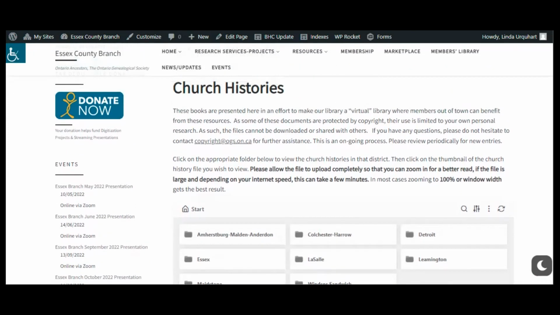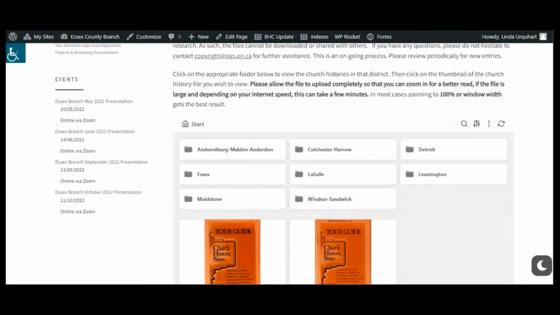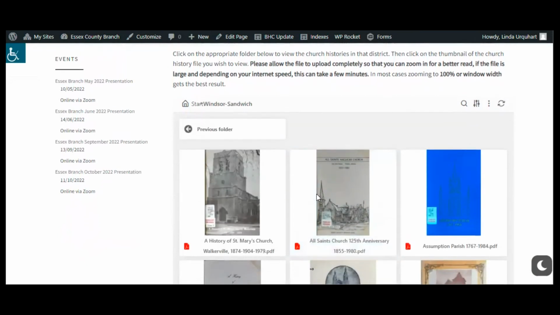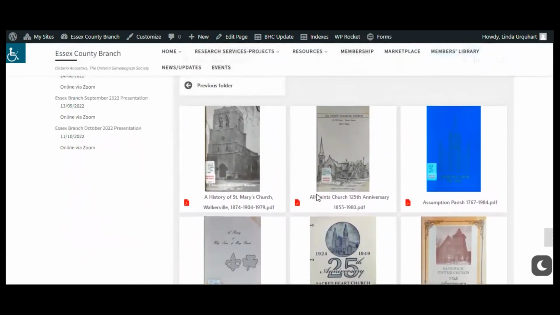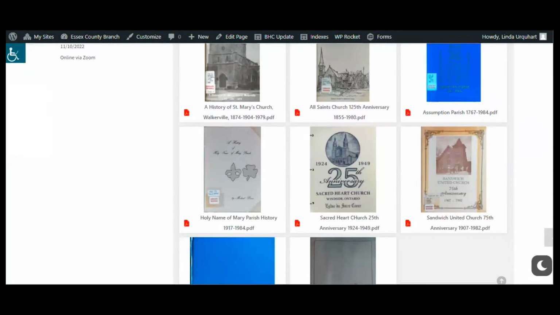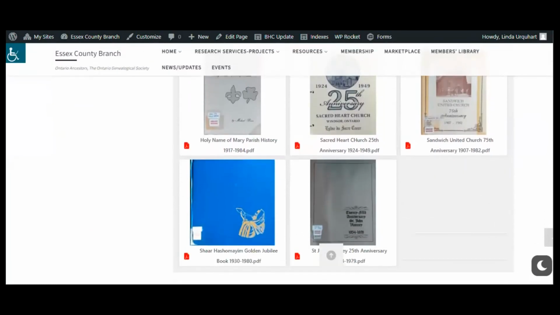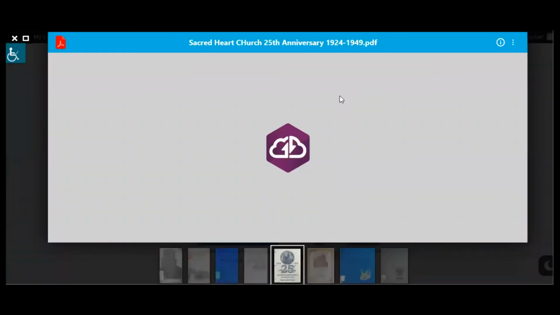So we're into the church histories. And if you know the church you're interested in is in Windsor Sandwich, you can click on that. And it'll take you to the various files that are included in this section. I'm going to go to Sacred Heart Church.